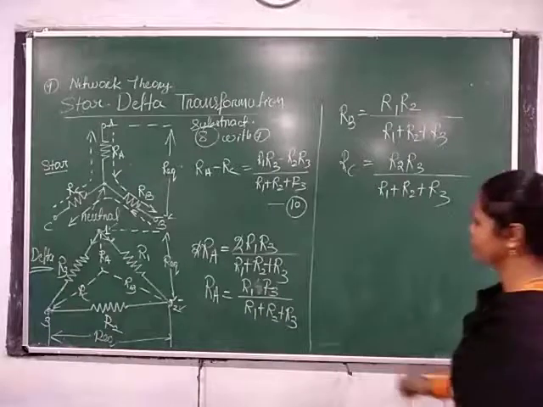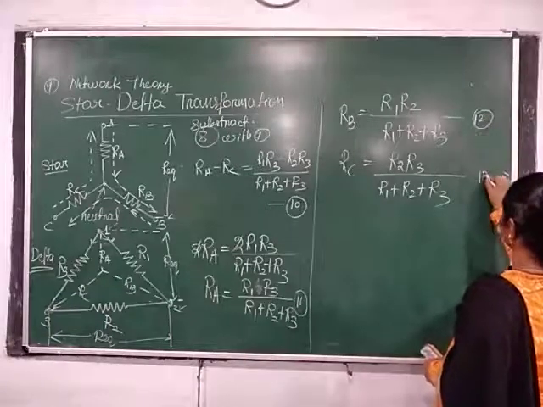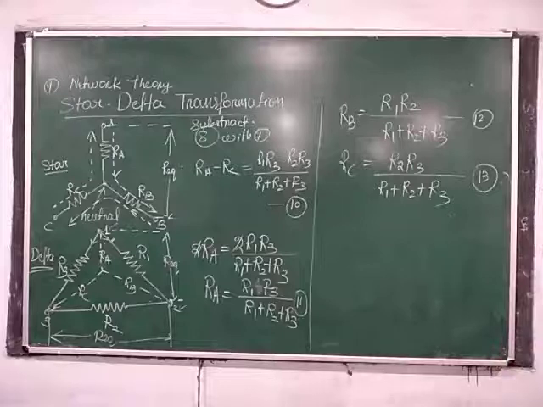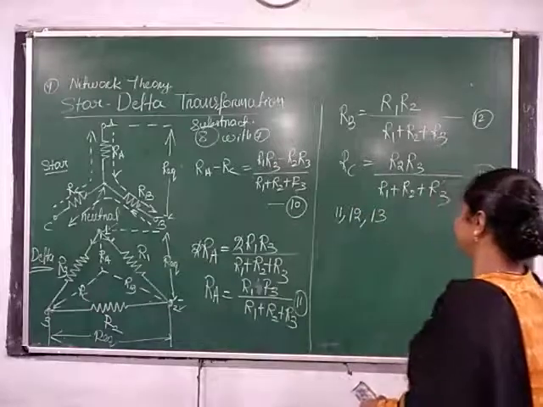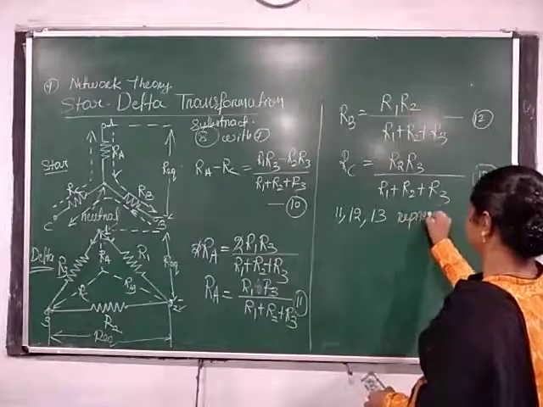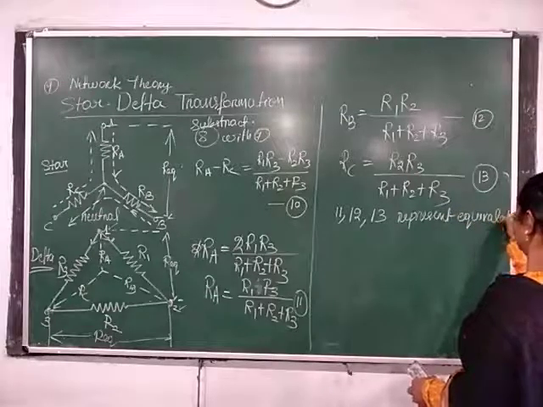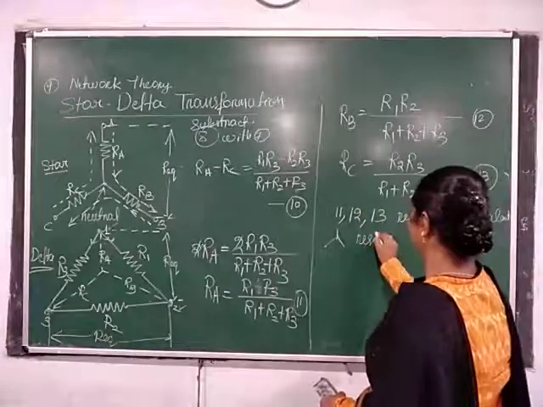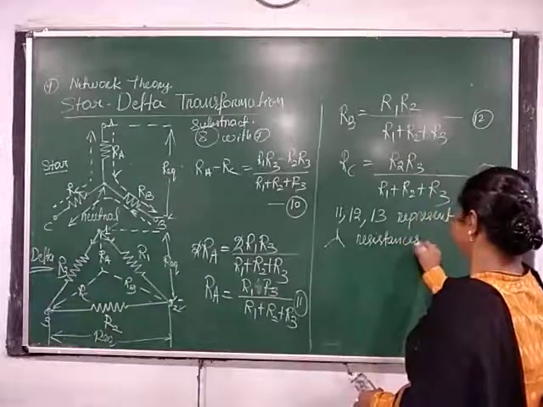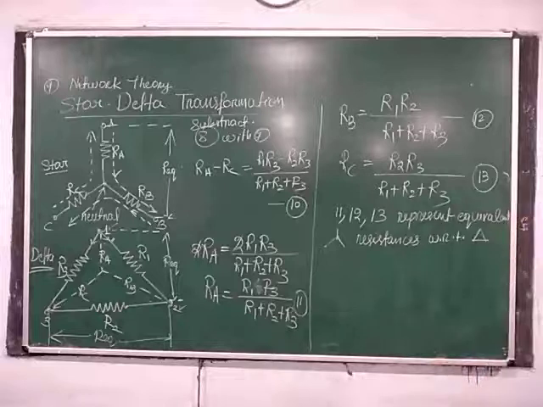Take these as equation number 11, 12 and 13. Equations 11, 12 and 13 represent equivalent star resistances with respect to delta, or in terms of delta.